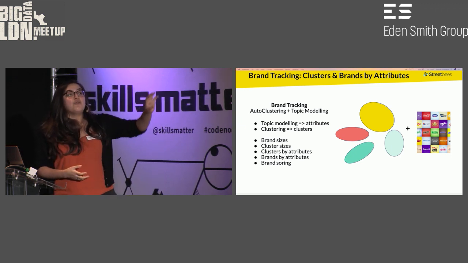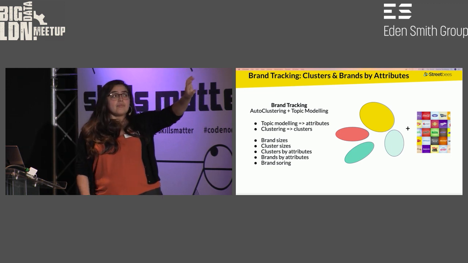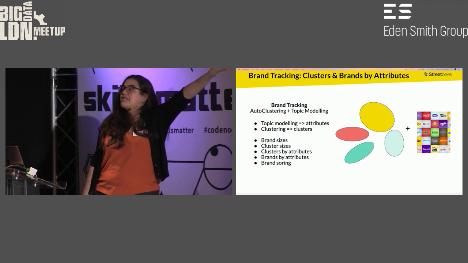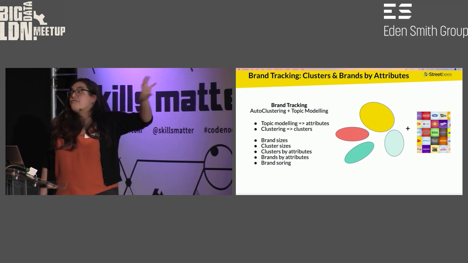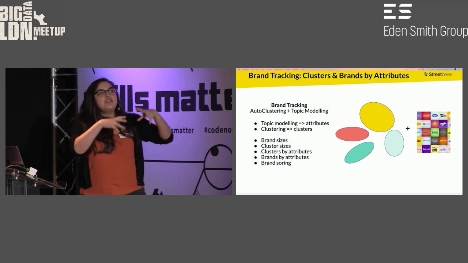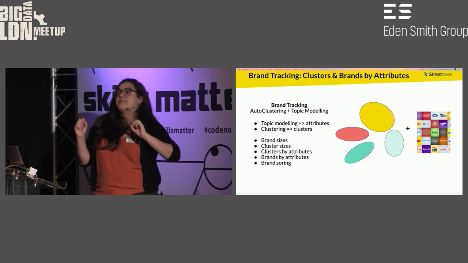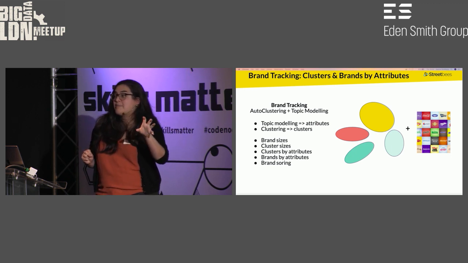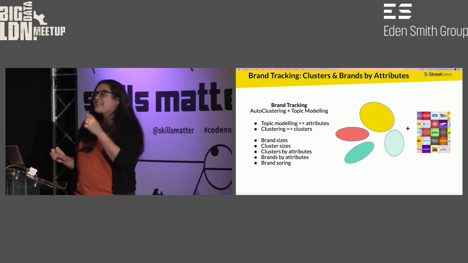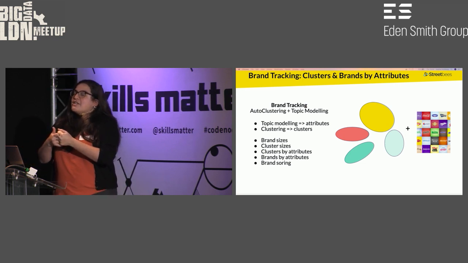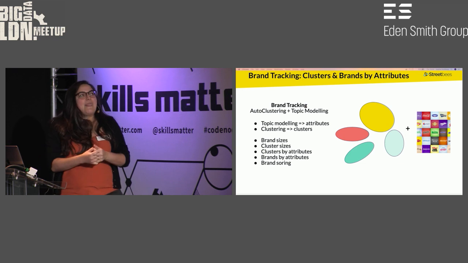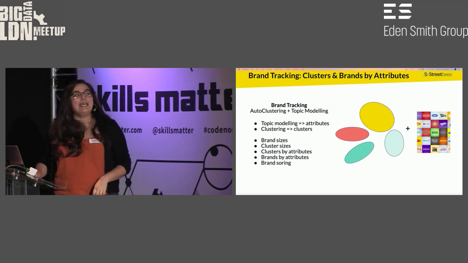And we can say you're performing well in evening meals clusters, but you're not performing so well when people want fast food, for example. So you can actually see how a brand is performing across demand spaces or behavioral segments, these topics, and then we combine that to finalize a brand tracking solution, basically.